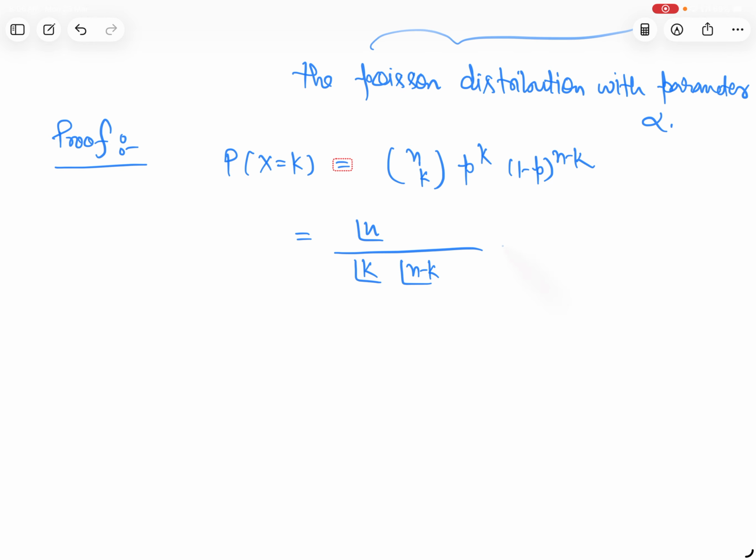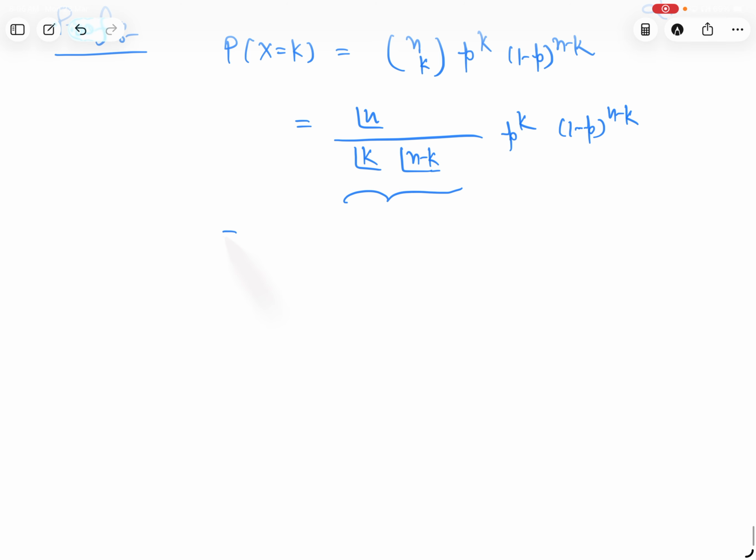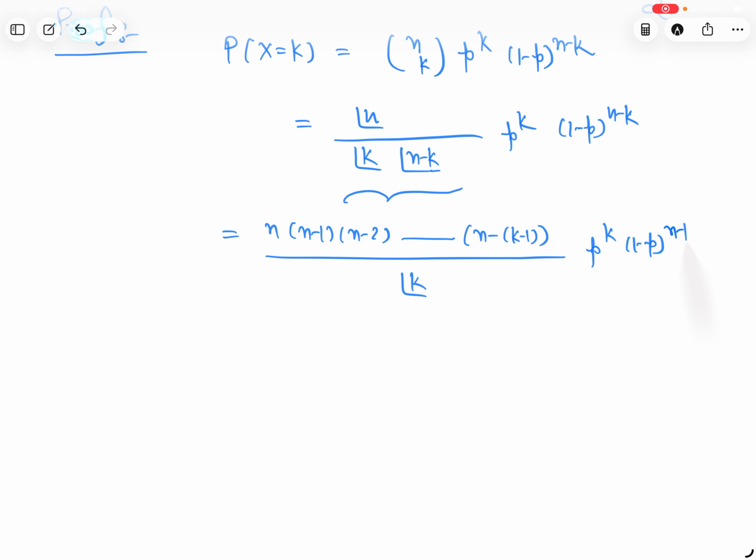After solving this part, what will we get? n(n minus 1)(n minus 2) up to (n minus k plus 1) upon factorial k, p to the power k (1 minus p) to the power n minus k. Okay, let's call it 1.